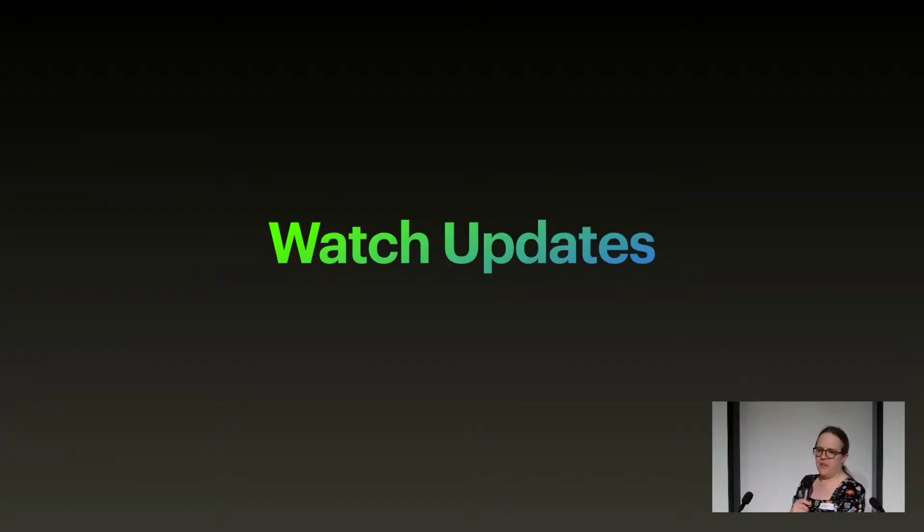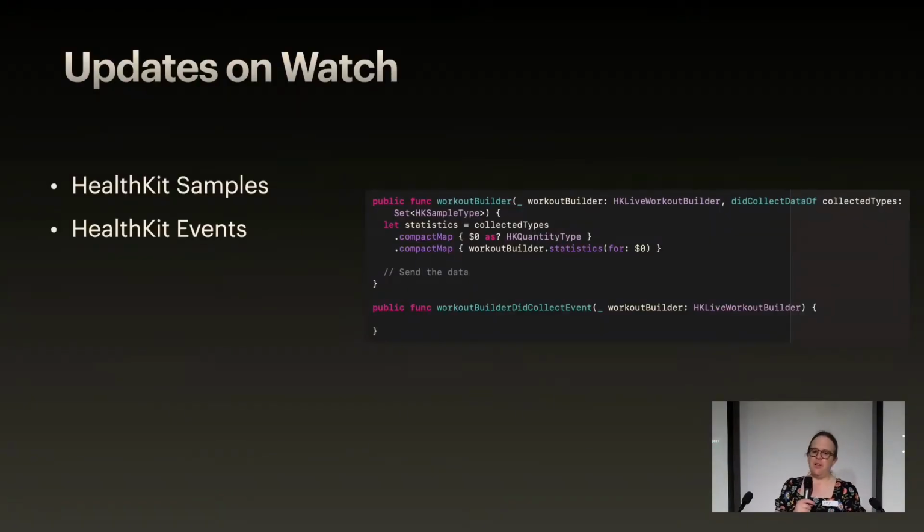If that's what's happening, then you will get all of these HealthKit samples or HealthKit events on the live workout builder delegate, which is all of your HealthKit data already part of that session because HealthKit magic.